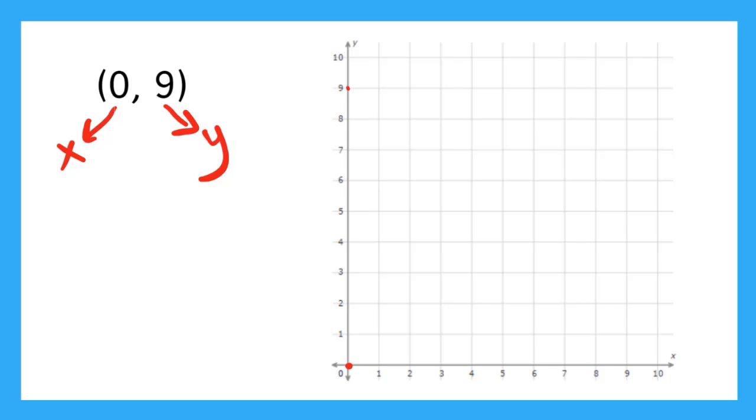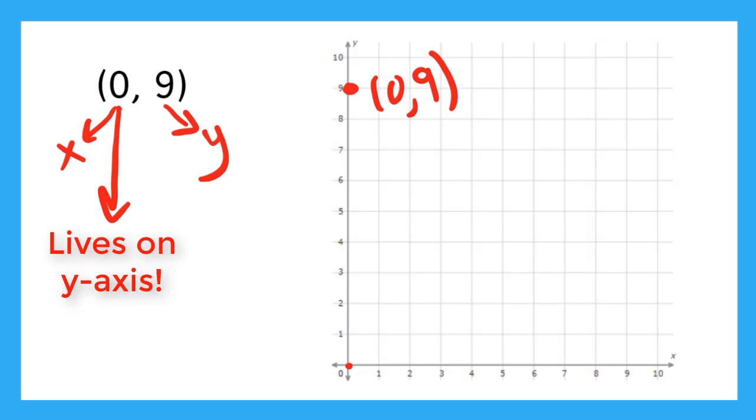Because my x-coordinate is 0, the point that my ordered pair represents is right there on the y-axis. So this is the point 0, 9. And notice, for every ordered pair that has a 0 in the x-coordinate spot, that point will live on our y-axis.